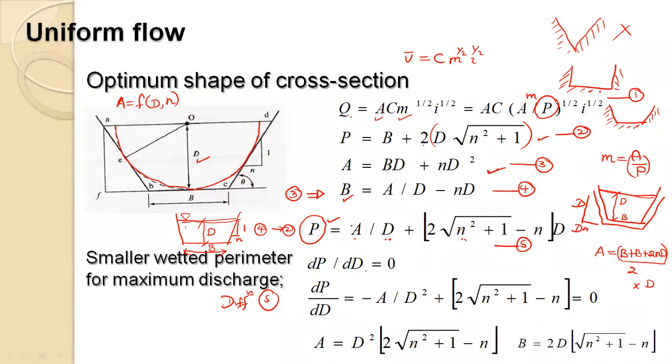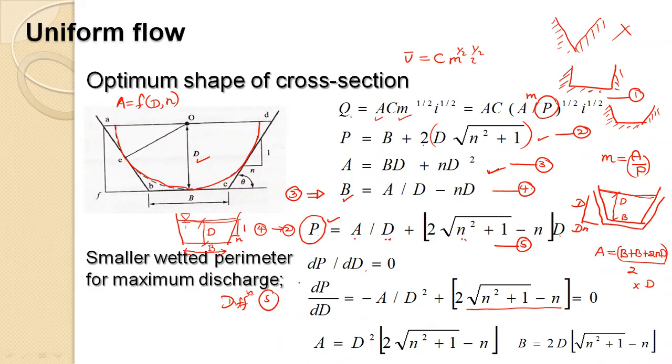When I differentiate equation number 5 with respect to D, I get minus A divided by D squared, because when you differentiate 1 over D, it becomes minus 1 over D squared. Then this whole term is considered to be a constant in this case. And when you differentiate D with respect to D, it becomes 1.